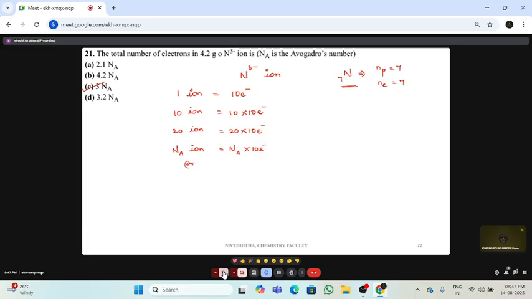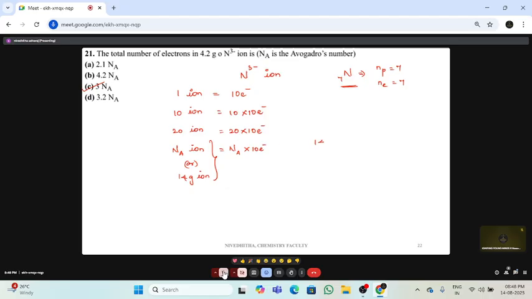Avogadro number of ions is nothing but 14 gram of nitrogen, right? Because Avogadro number of nitrogen is nothing but 1 mole of nitrogen. 1 mole of nitrogen is nothing but 14 gram of nitrogen, right? So 14 gram of nitrogen contains Avogadro number into 10 electrons. Now they are talking about 4.2 gram of nitrogen.